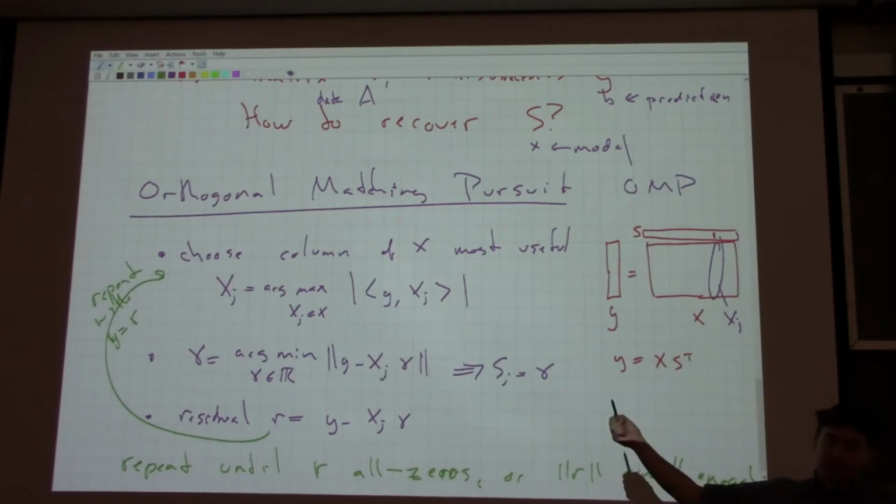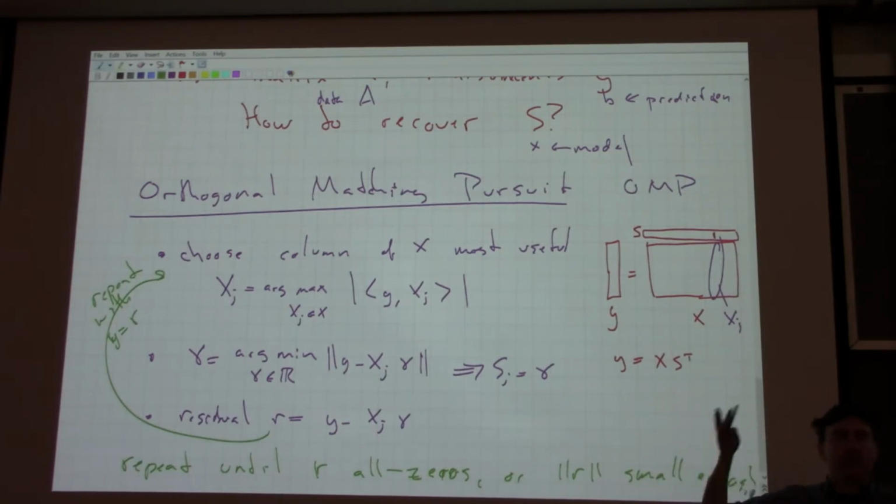But if you start with something with a million bits and only 100 of them are ones, then you get like 2,000 measurements, maybe 5,000, and you can recover these. So much less than the million bits that you have.